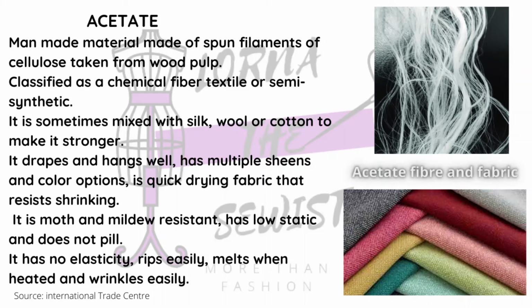Most of the time when a fabric takes dye quickly, you'll find there are many versions of it. It is moth and mildew resistant, so moths can't eat it and it doesn't get mildew, and it has low static, so it doesn't stick to your skin and it doesn't form balls. It has no elasticity, it rips easily, and it melts when heated.